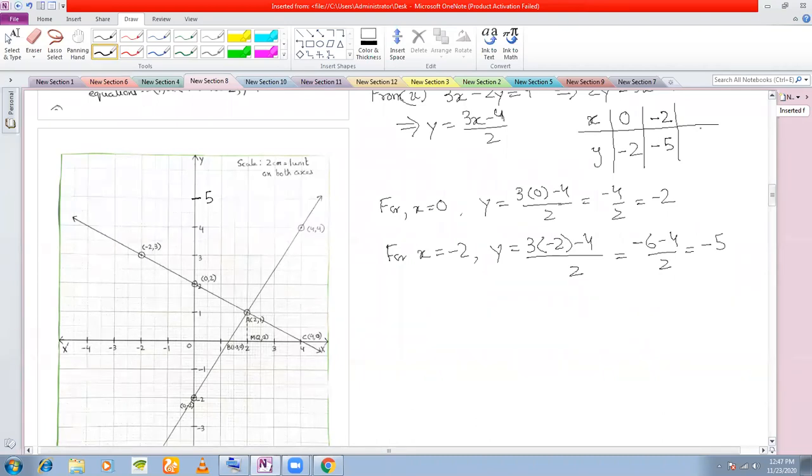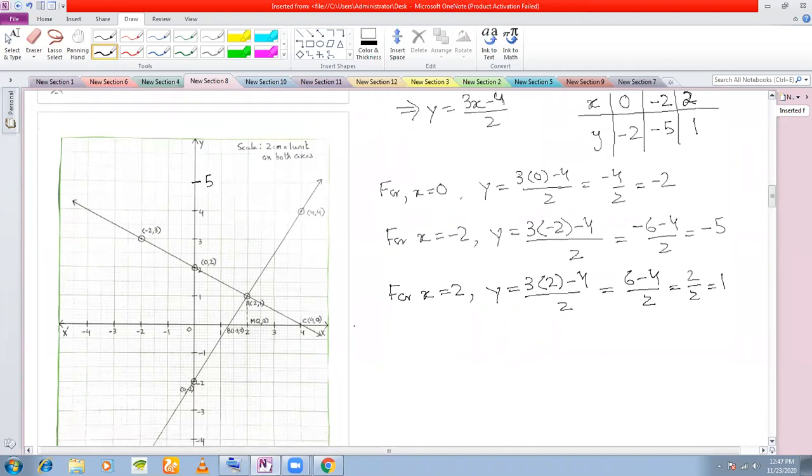And the third one, let's take x is equal to 2. We get 3 into 2 minus 4 divided by 2. 6 minus 4 divided by 2, which is 2 by 2, which is 1. So for x is equal to 2, you are getting y is equal to 1.